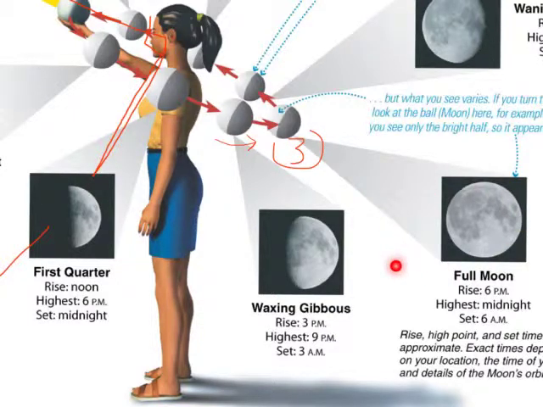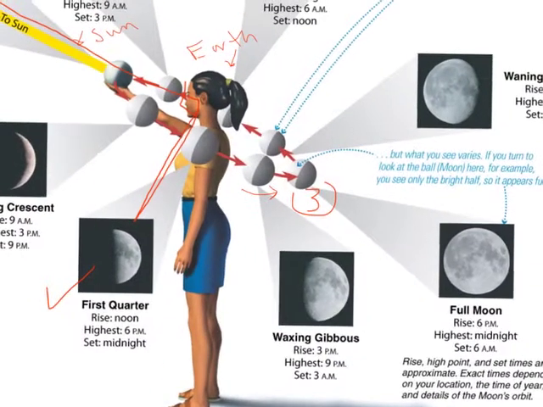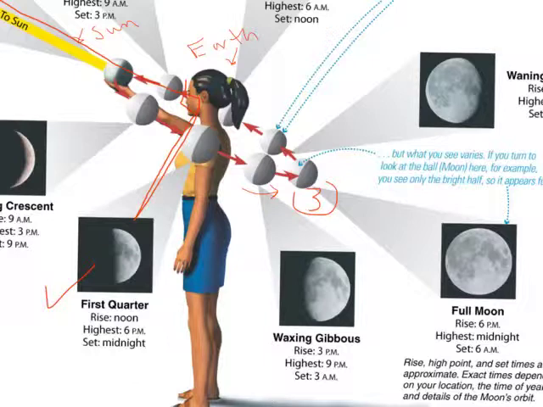Now notice at full moon, we actually have, in a straight line, the earth, the moon, and the sun. So another way to think of it is as the sun is setting, the moon will be rising, and as the moon sets, the sun will be rising. It's kind of a fun configuration.